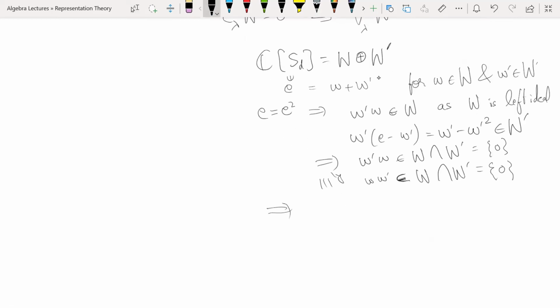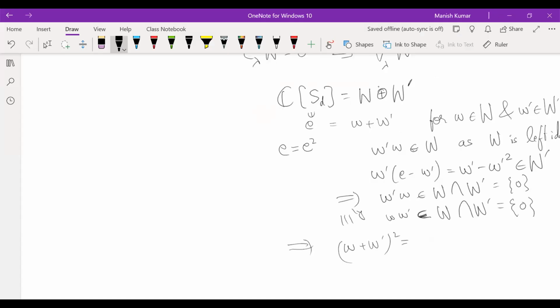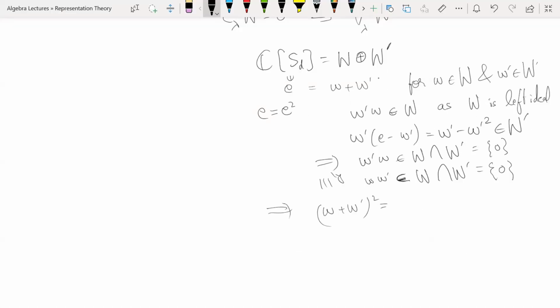So now we can use that argument which I was trying to allude to. This tells us that W plus W prime whole square is W square plus W prime square, which is identity.